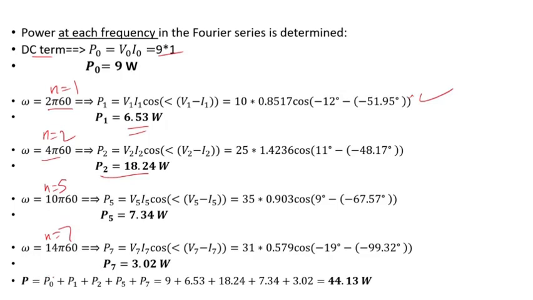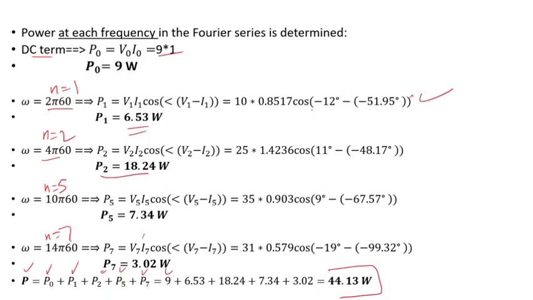Then I can use superposition. Why? Because the frequencies are not the same. If two signals had the same frequency, I would have to combine them first. But since they have different frequencies, I can use superposition. So the total power consumed by the resistance is the sum of the individual powers at each frequency. That's what I'm doing here. I sum them up and I get 44.13 watts.